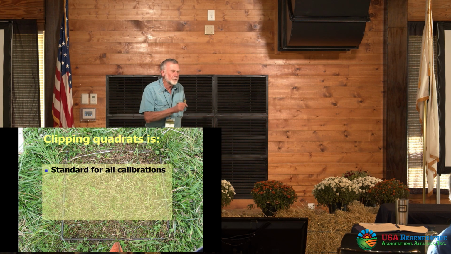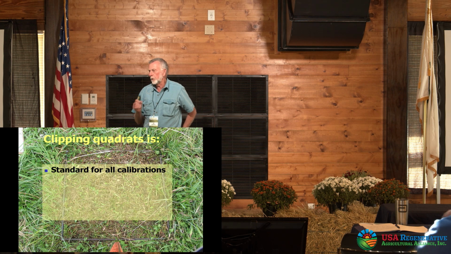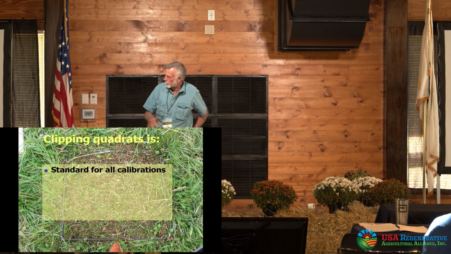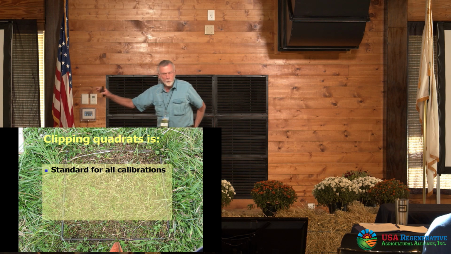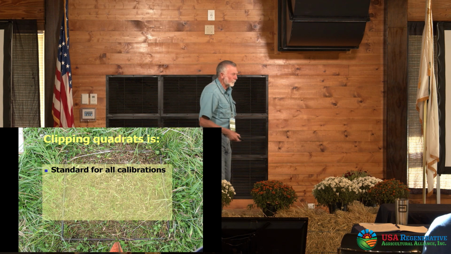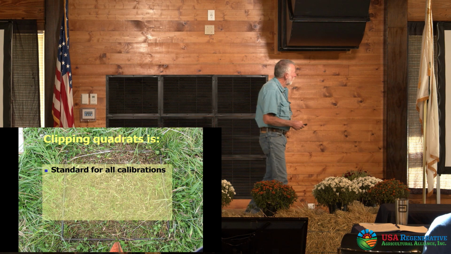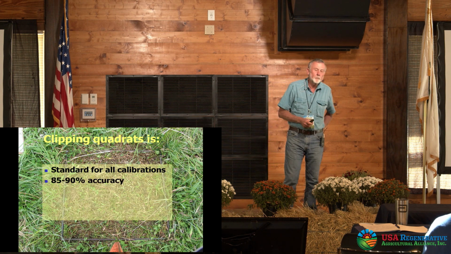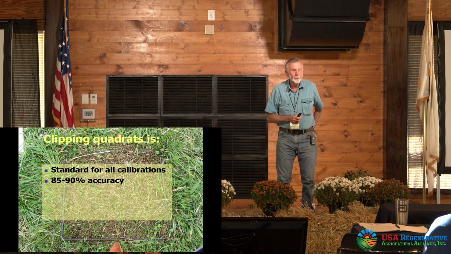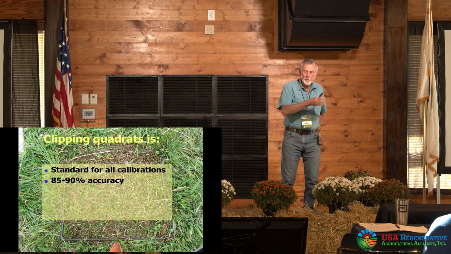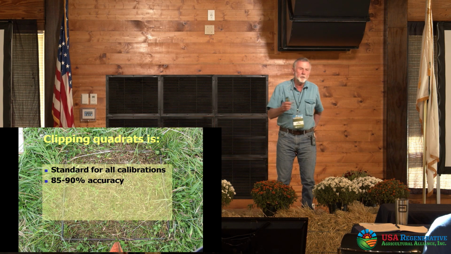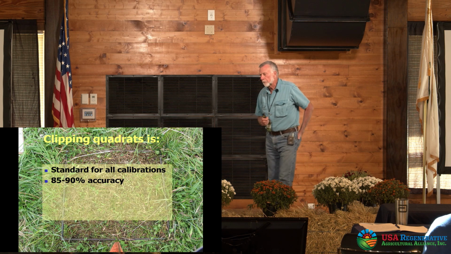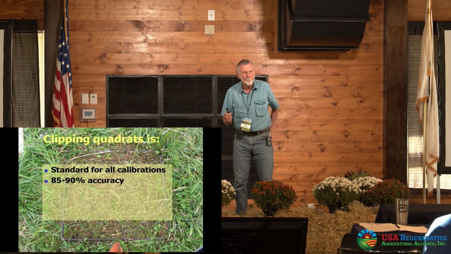Every other instrument or tool that we use to measure pasture yield, and I'll talk about some of those, comes back to a clipped quadrat. This is what everything is calibrated to. If you are good at this, it says 85 to 90% accuracy. Another way of expressing that is your standard error is less than 10 to 15%.